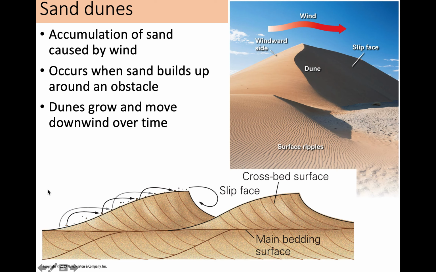So the wind is blowing in this direction, causing our sand to accumulate to the point where it's too steep and it starts to slip. So sand dunes actually grow and they move over time, so they don't stay in the same place. This sand dune is going to shift as the wind moves it.